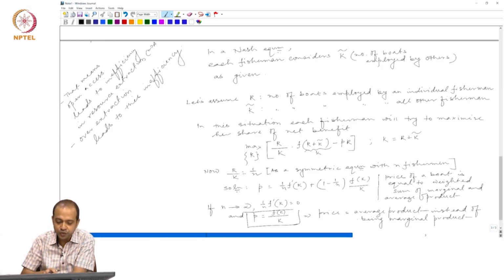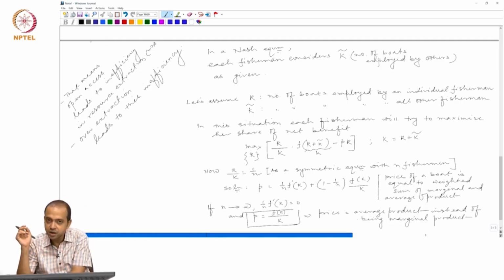As n tends to infinity, P equals F(K) by K, which is the average product. So, price equals average product instead of being marginal product, and that means open access resource leads to inefficiency in resource extraction.